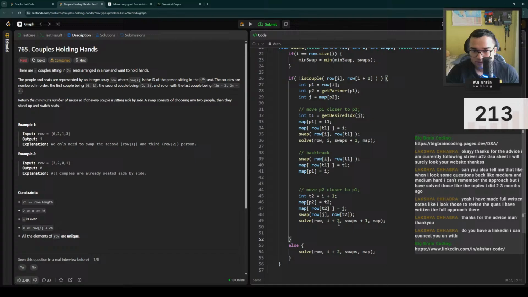Okay, when I solve this, now backtrack, right? Backtrack is simply this. This becomes at the top.